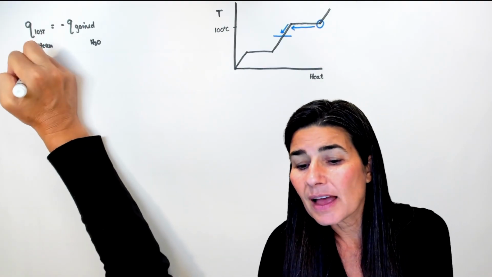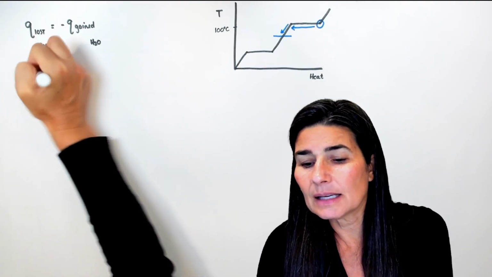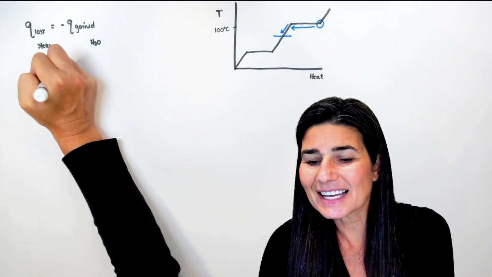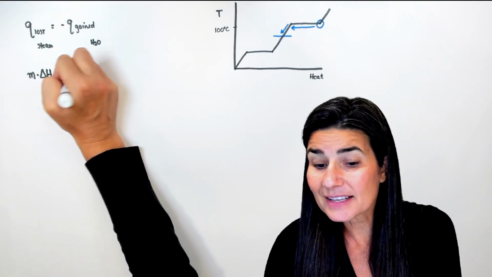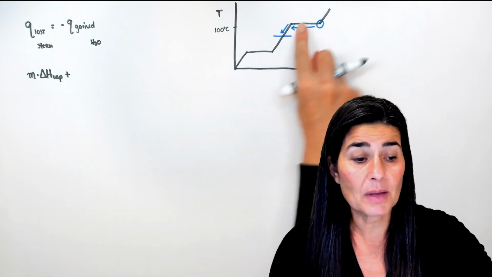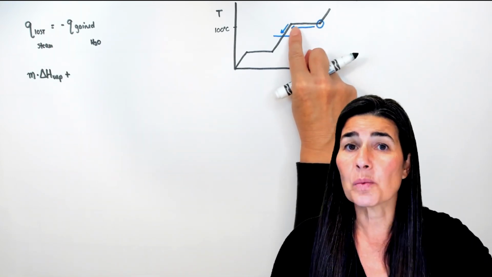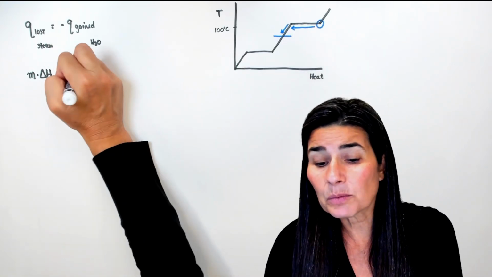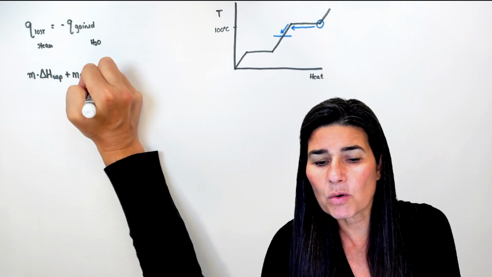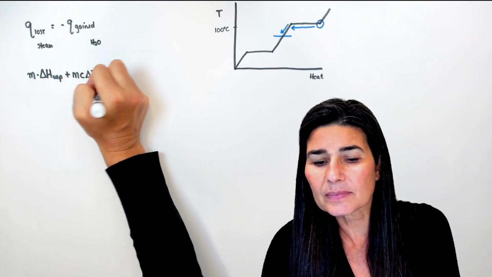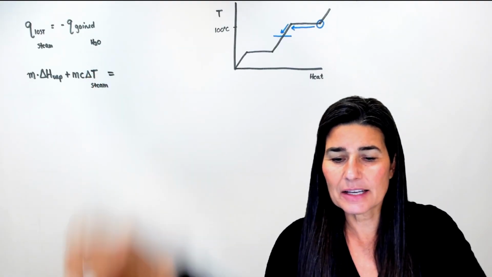So we're going to have a mass of our steam times that heat of vaporization during the condensation process. Plus, we have another factor for the steam. Once we go through the phase change, we have a temperature change. So then we're going to do the m c delta T, the temperature change for the steam. Okay, that takes care of the steam.